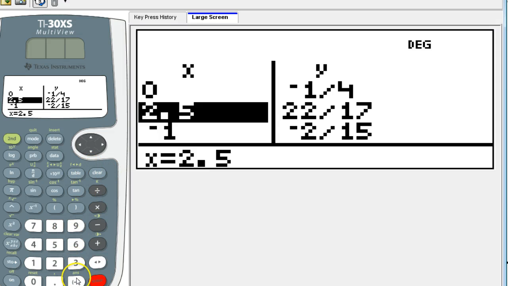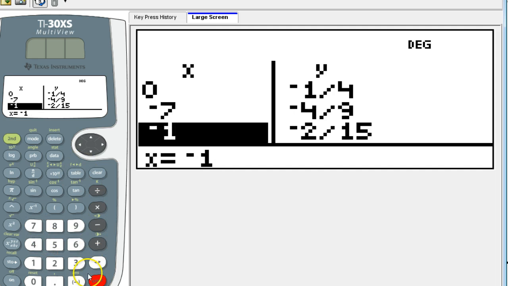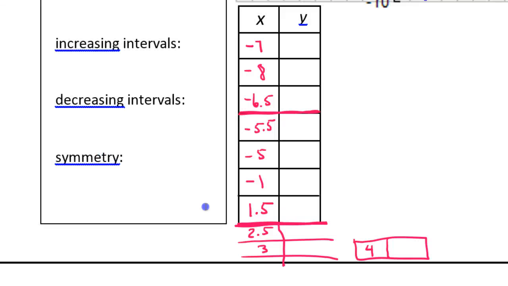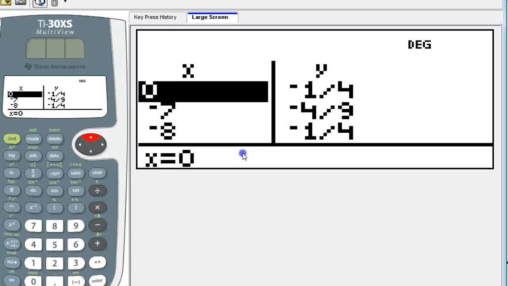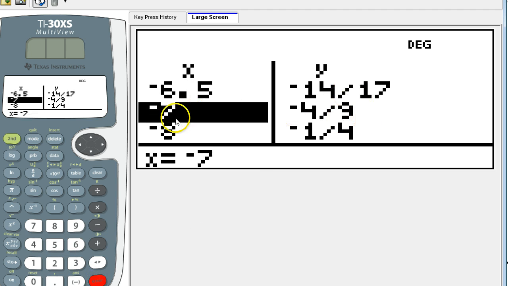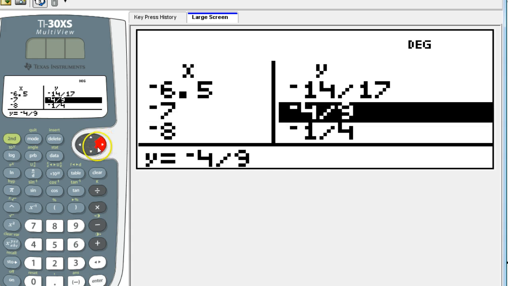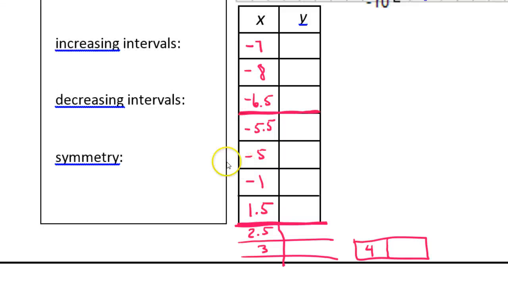So I want to know what's happening at -7, so I just type in -7. I want -8, I'll type that in. And I wanted -6.5. Okay, I've got all these answers. At -7, that's -0.4.